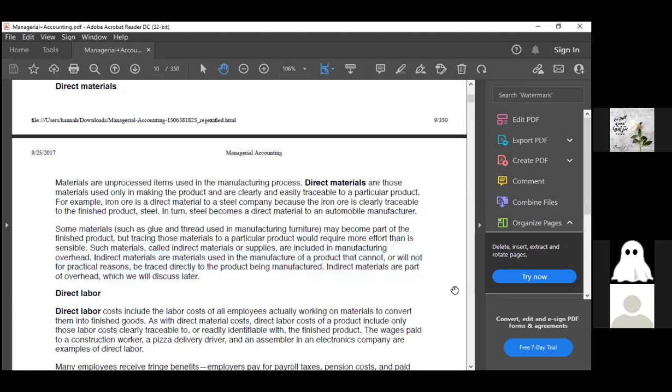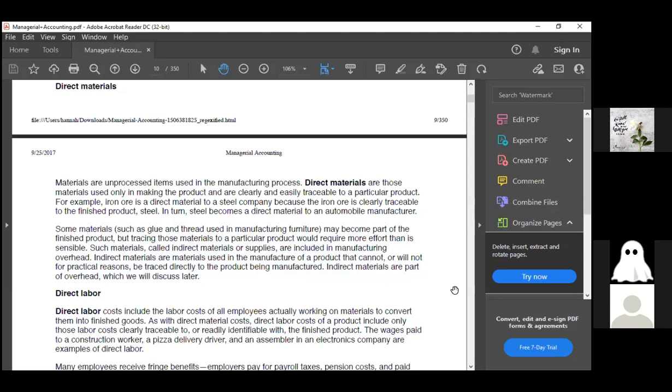So direct material would be the product that is converted, and indirect materials, they are saying here, are additional products that are used in manufacturing, that are not your finished product itself but support the process.